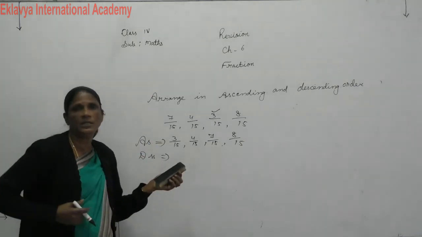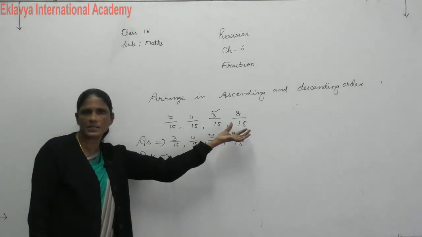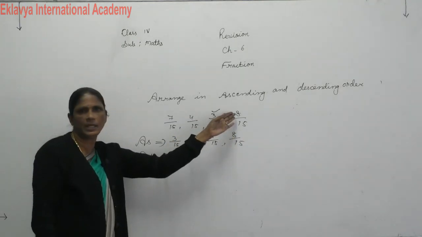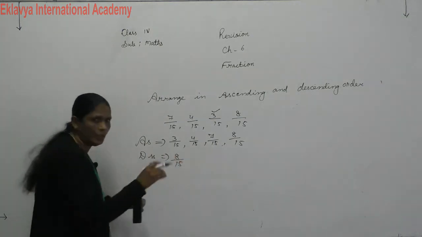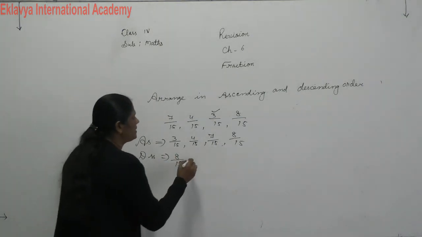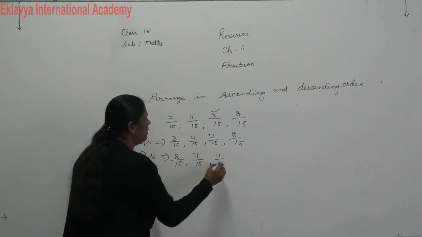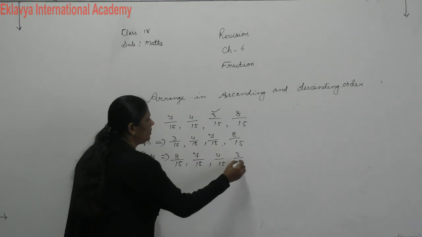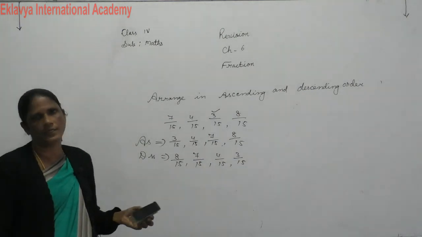Now the descending order: again the denominators are same. Which is greater? 8 by 15, greater to smaller: then 7 by 15, then 4 by 15, then 3 by 15. This is ascending and descending order of fractions.